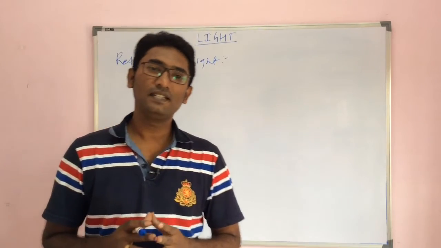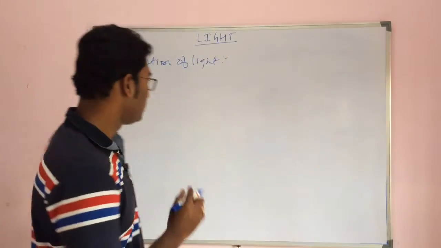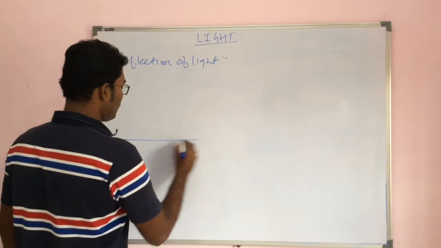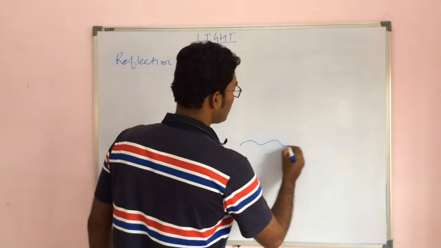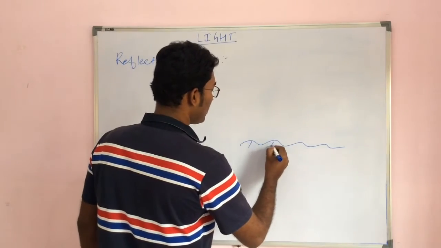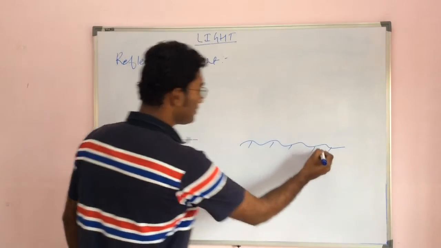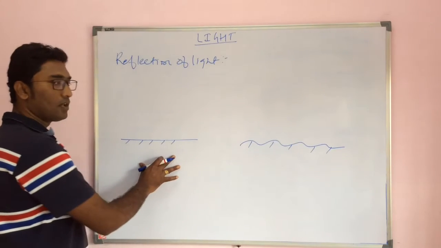Now we will see that there are two types of reflection: a reflection which takes place from a plane surface, and a reflection which takes place from an irregular surface. So this is an irregular surface and this is a regular surface.